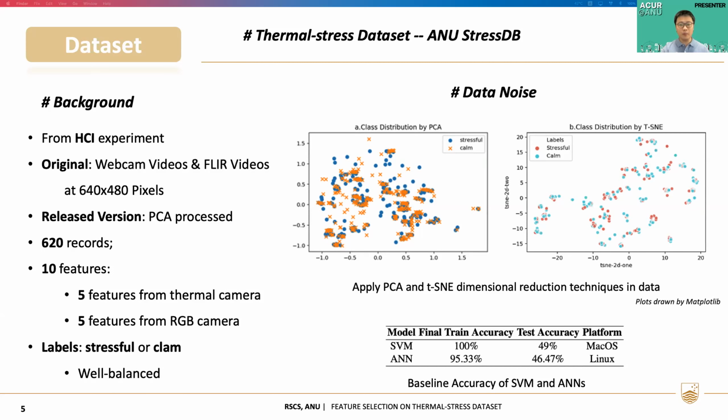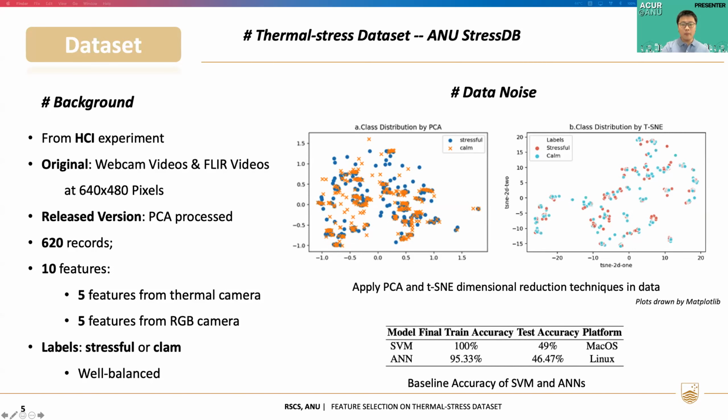To protect privacy, the public version is processed by principal component analysis. It's a common operation in HCI experiments. Therefore, the released version contains 620 records with 5 features extracted from the RGB images and 5 features extracted from the thermal images. The label of each record is binary, either stressful or not stressful.